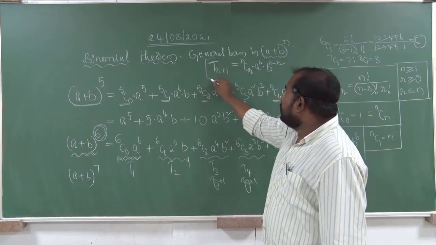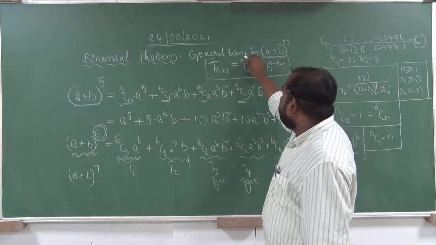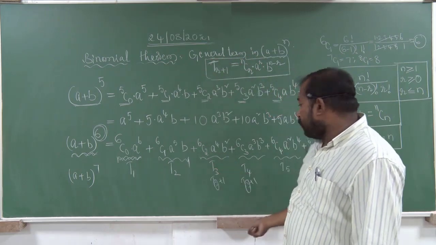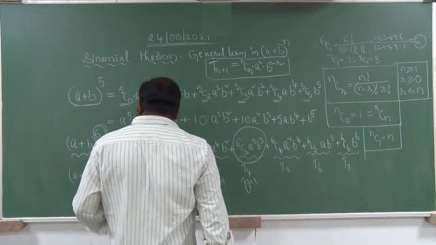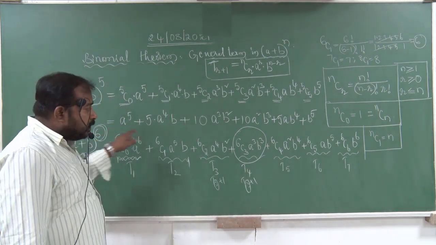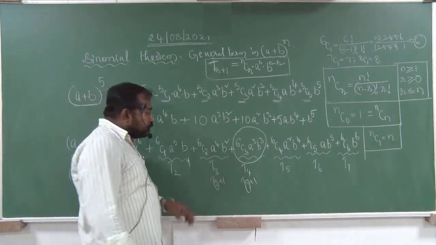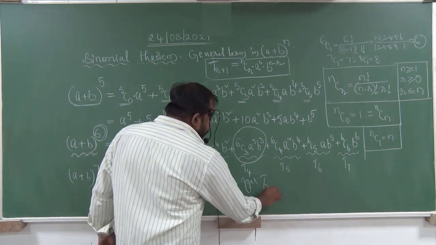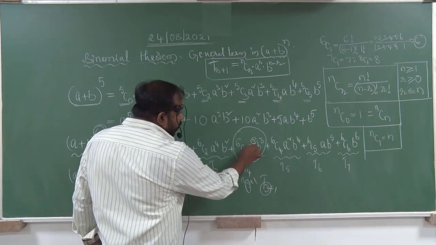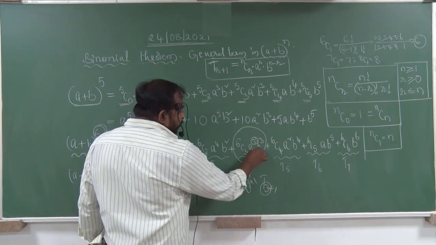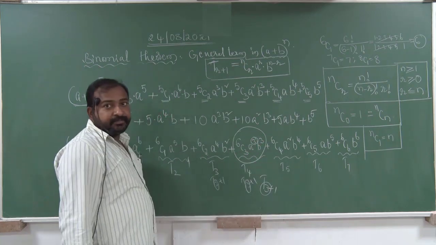This is named as the general term. You can compare here only. What is T4 here? This is the T4 value in (a plus b) whole power 6, the fourth term. Fourth term means T(3 plus 1). So 6C3, a power 3, and b power 6 minus 3, like that.